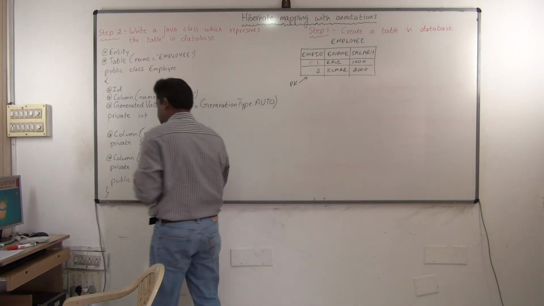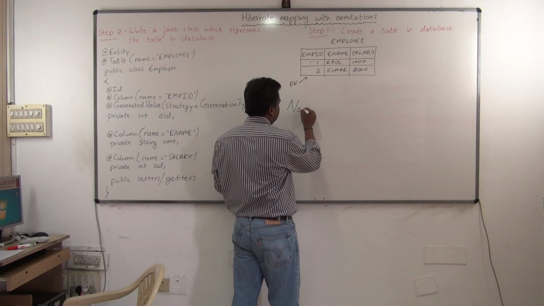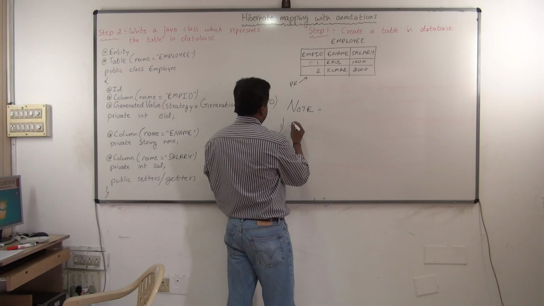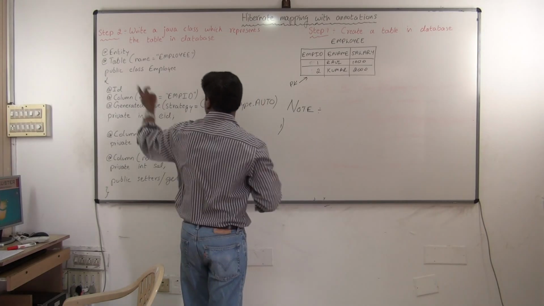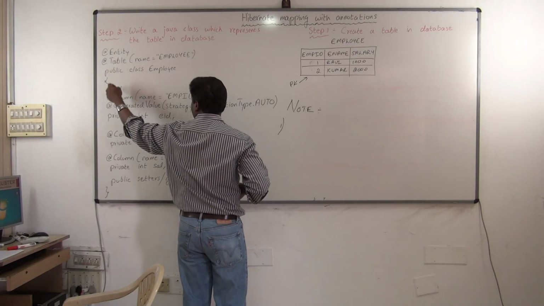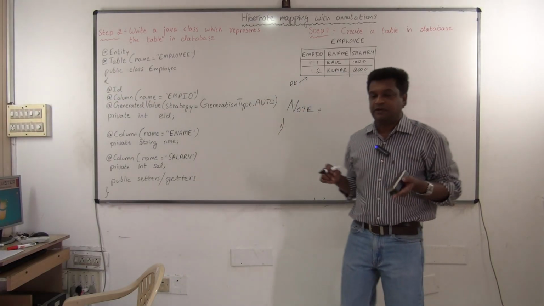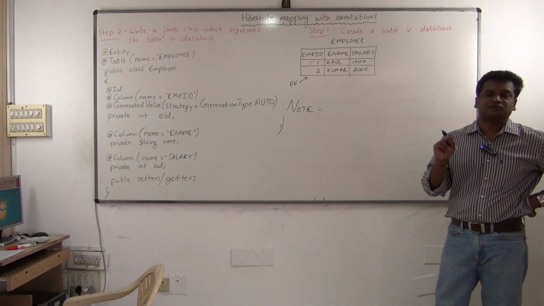Now before I proceed, just understand this point. Note, this is a very important note. Write it. See, you are using annotations here, yes or no? Which are the different annotations you are using? @Entity, @Table, @Id, @Column. So all these annotations you are using should be used from one package called javax.persistence.